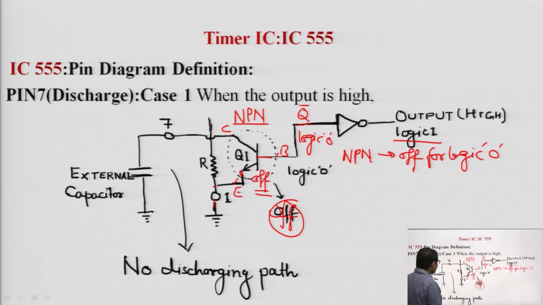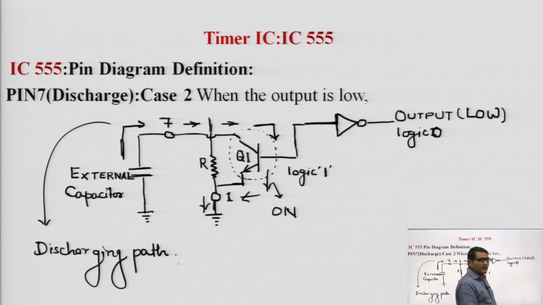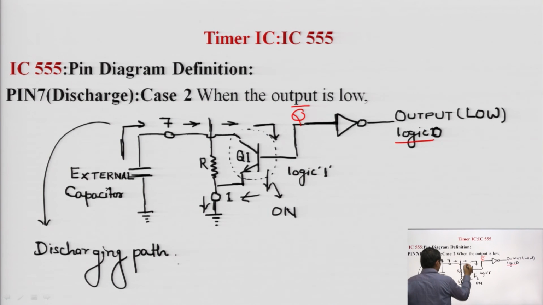The second case is when the output is logic 0. Then Q bar becomes logic 1, and the NPN transistor is on for logic 1.